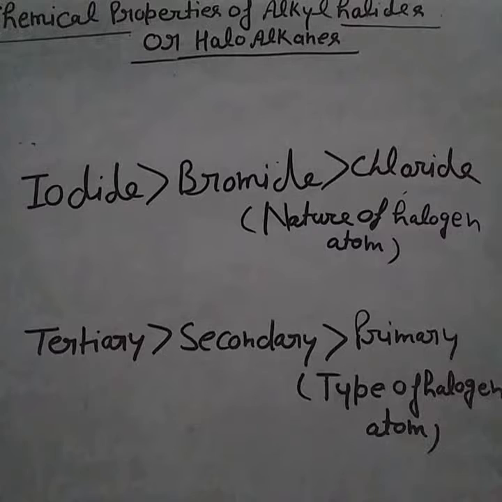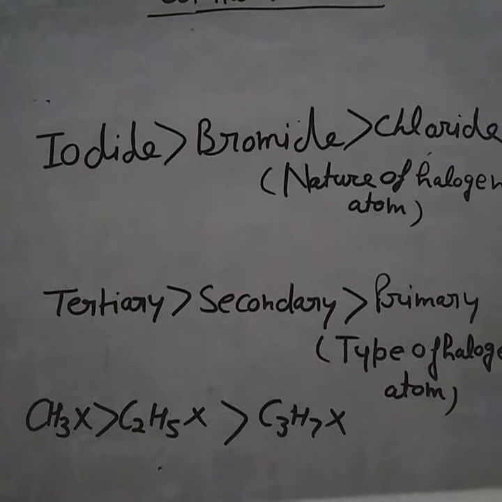Then the reactivity of alkyl halides depends upon the replacement of H by halogen atoms. Among the primary alkyl halides, these are the ones attached to only one alkyl group.